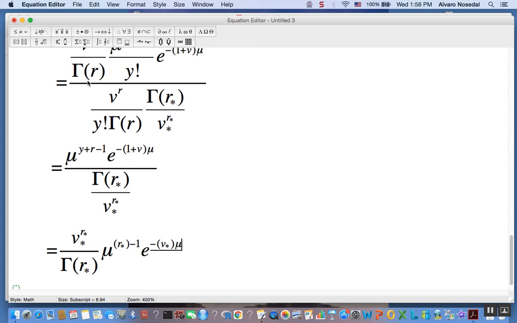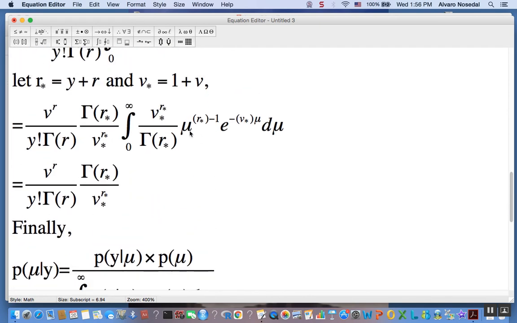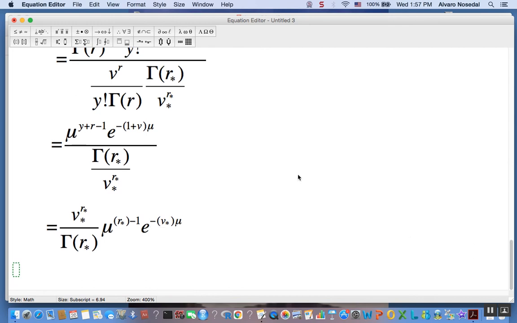Makes sense? We just did a little bit of algebra. This divided by gamma evaluated at r star divided by v star to the r star power is the same as v star to the r star power divided by gamma evaluated at r star, and y plus r is the same as r star, and 1 plus v is the same as v star. And that's what we did here.